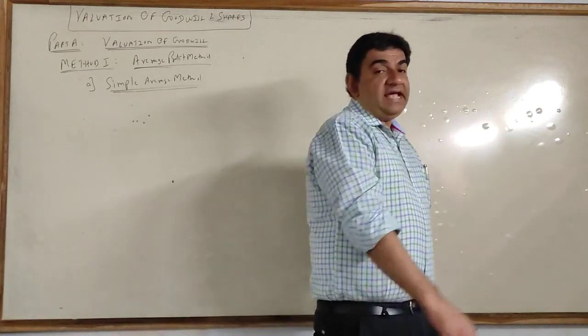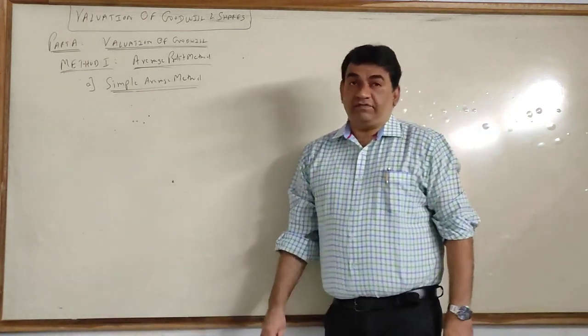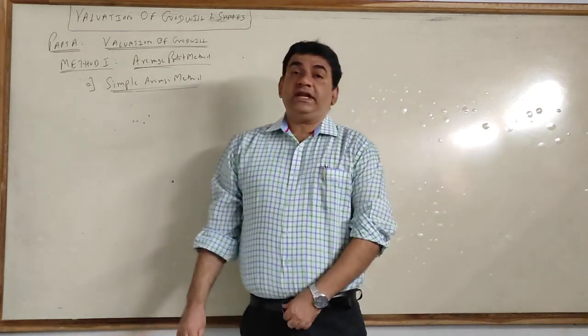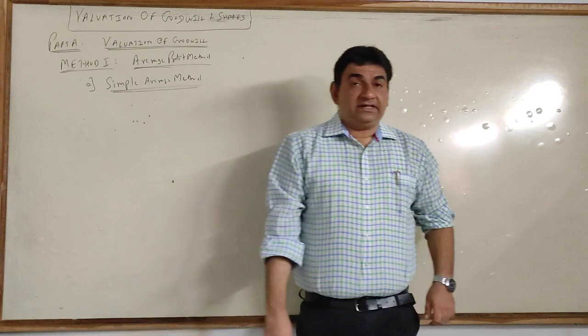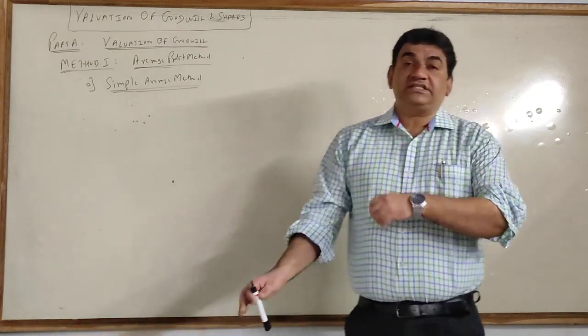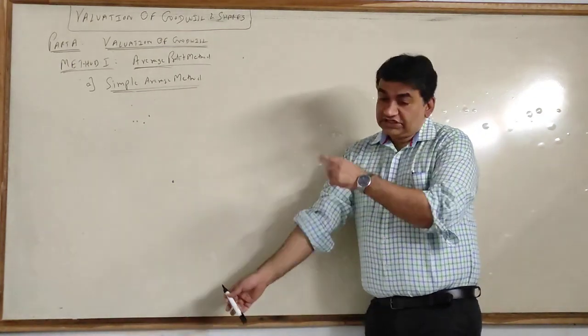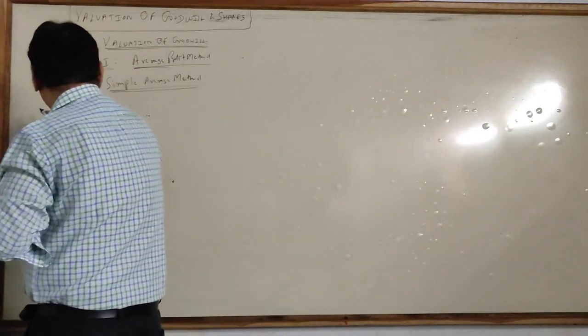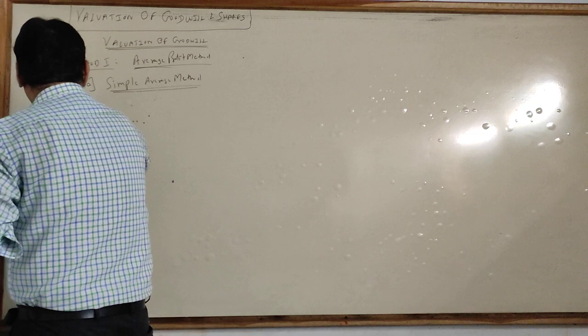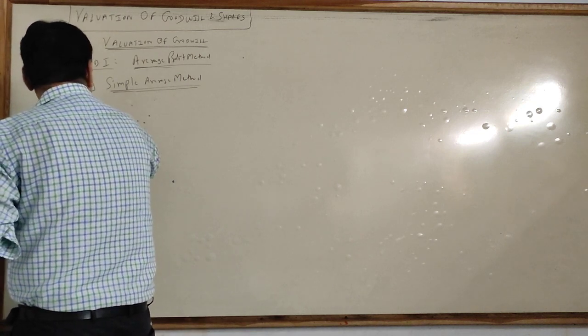Now, they have given us 4 years of profit. We just cannot take their average. According to the 4 adjustments given, we will have to adjust the profit. Okay. So first we'll have to make the table where you will give the heading calculation of adjusted profits.